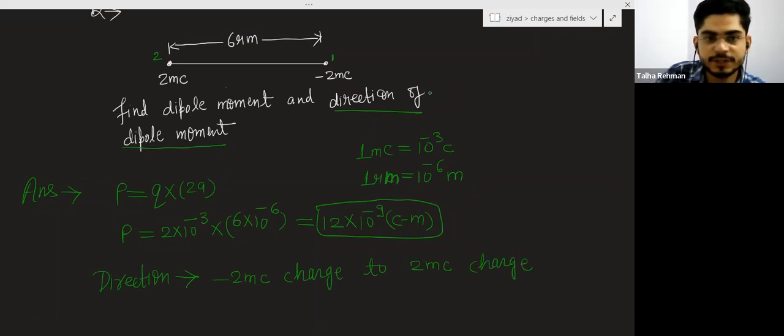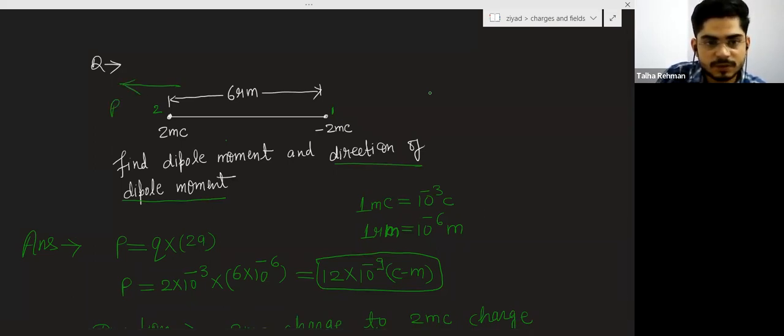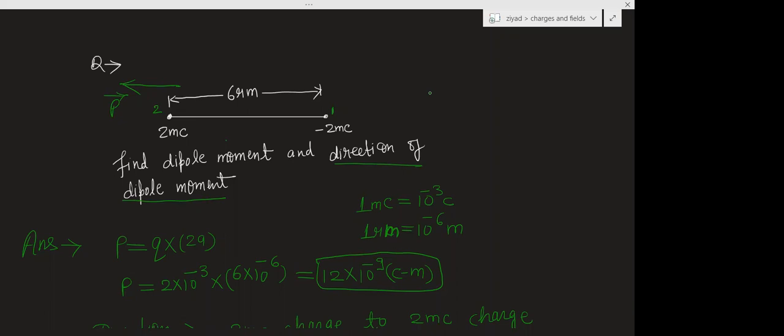So I am showing the direction here, in this direction. I am representing the dipole moment here in the vector form. It depends upon you whether you represent the dipole moment in the vector form or the scalar form.